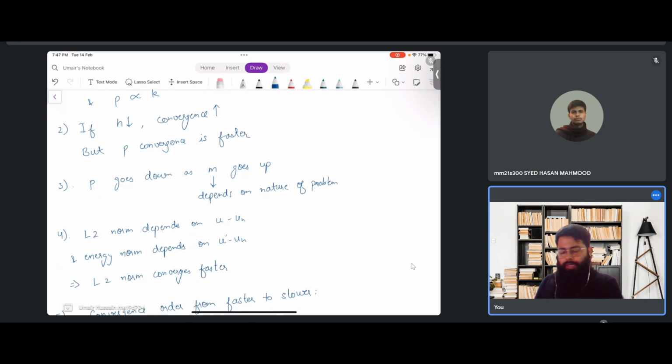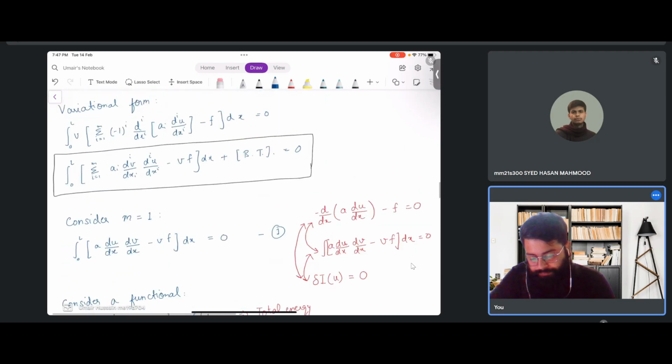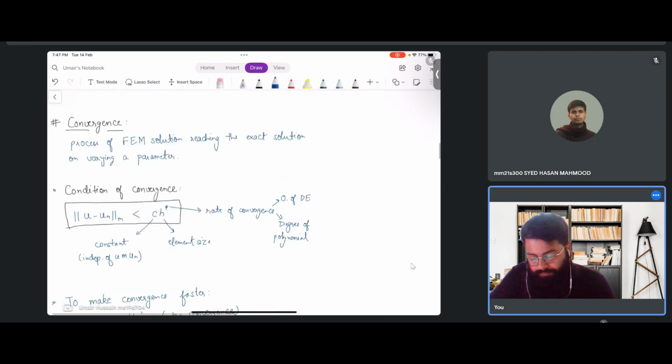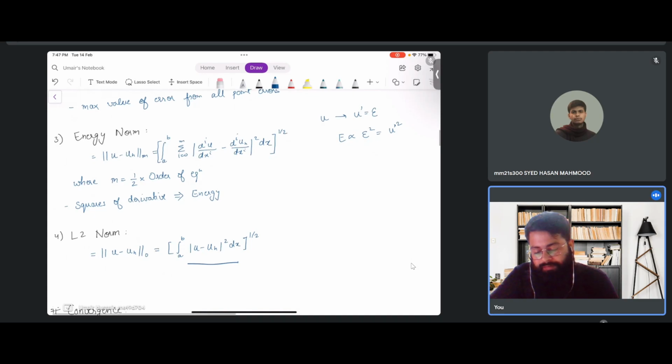Now we saw that the L2 norm depends on the difference of the solution values. You see it here. It's basically the difference of the values. However, the energy norm is the difference of the derivative of the values.